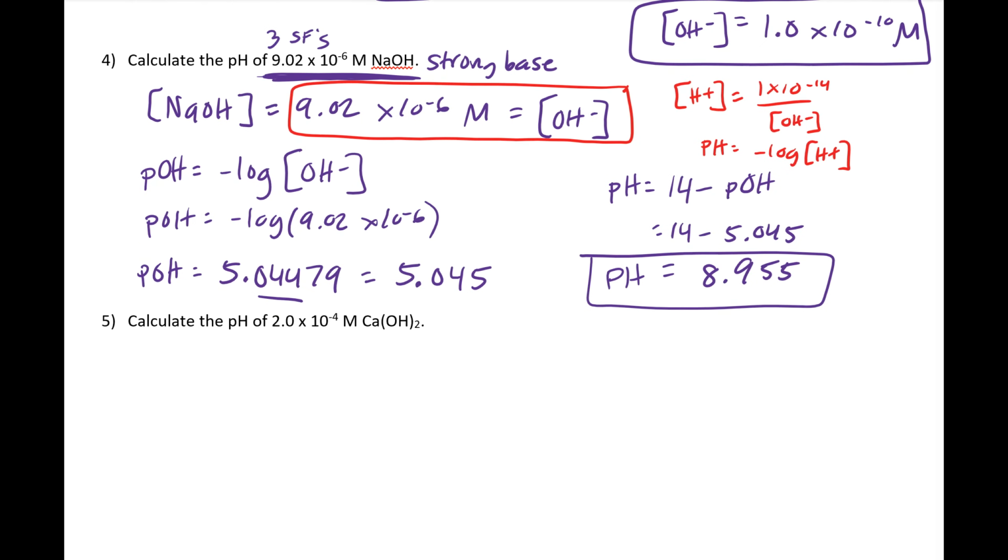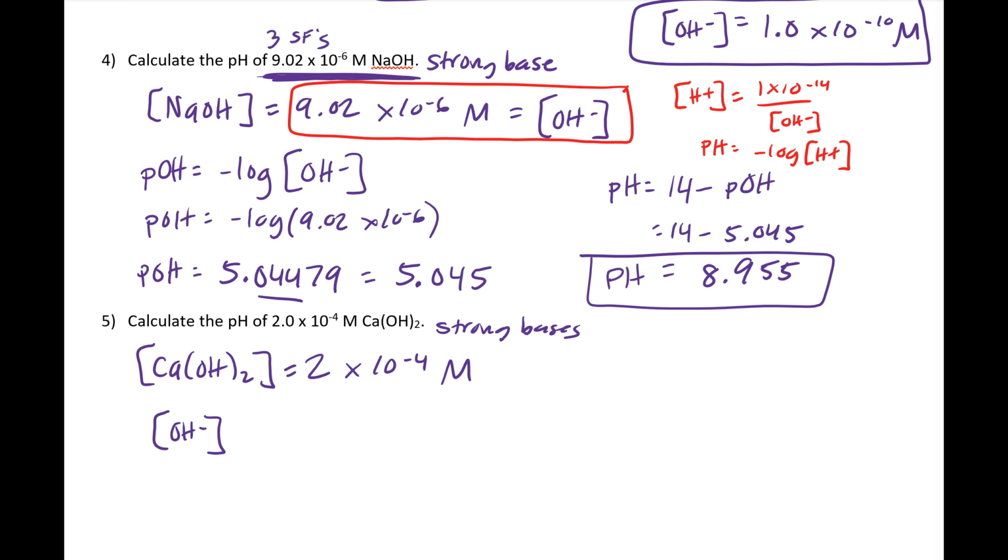So number 5, okay, we're going to calculate the pH of a 2.0 times 10 to the negative 4 molar calcium hydroxide solution. Concentration of calcium hydroxide is 2 times 10 to the negative 4 molar. Calcium hydroxide is one of the strong bases. Okay. So I can know that 100% of the calcium hydroxide is dissociating.